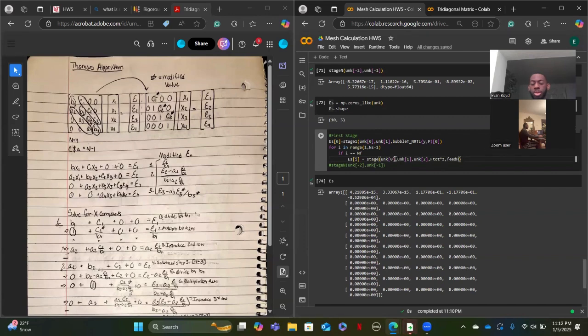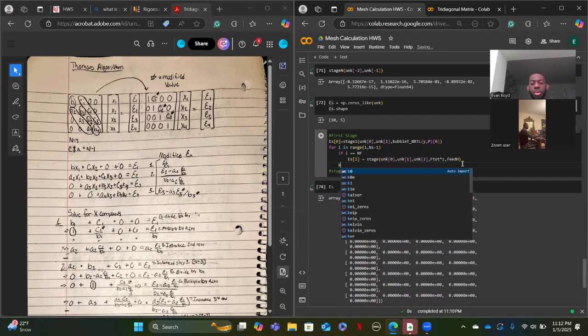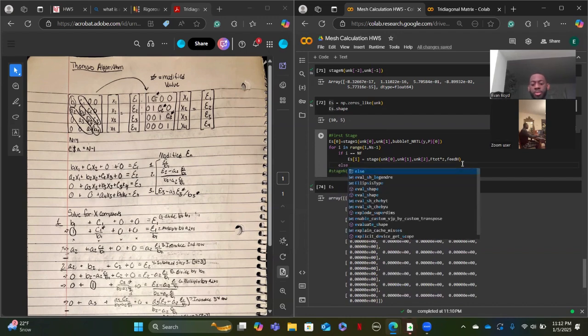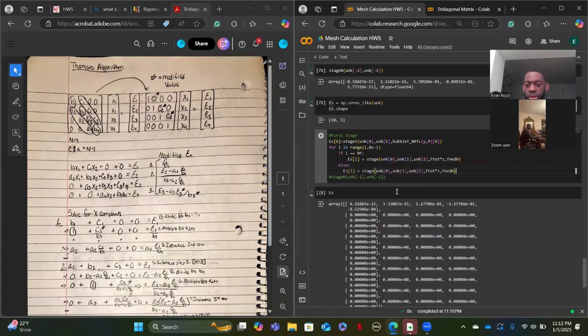Else, for all the other stages when it's not the feed, we copy and paste this, but instead we're not adding a feed anymore, so this would just be zeros. All right.